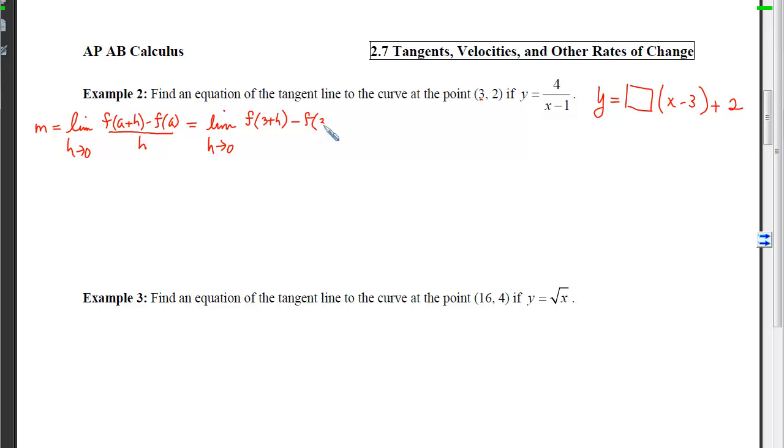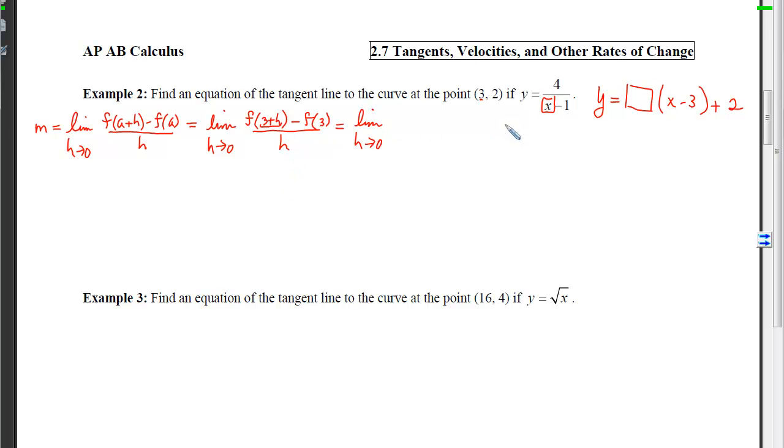If I plug 3 plus h into the function, we have to recall how we used functions in courses that we've had already. Remember that whatever is an x in the function gets replaced with whatever's plugged into the function.